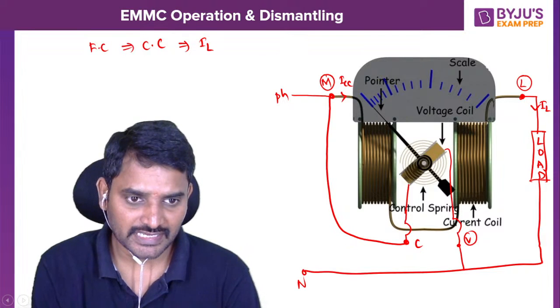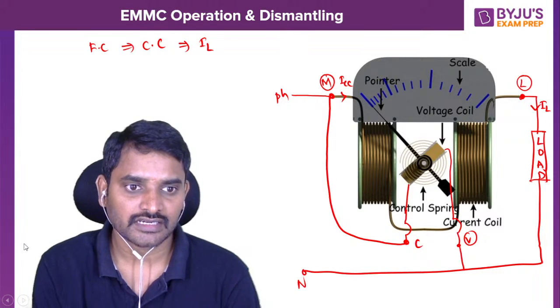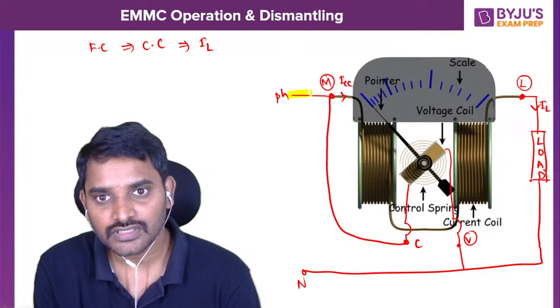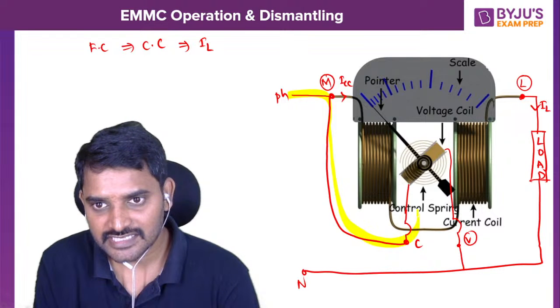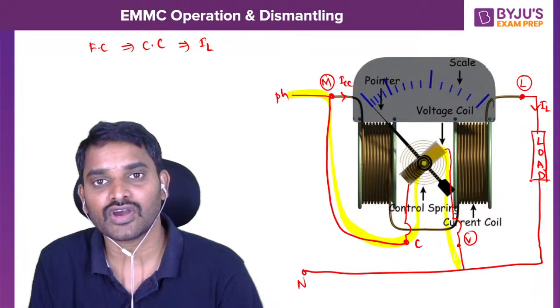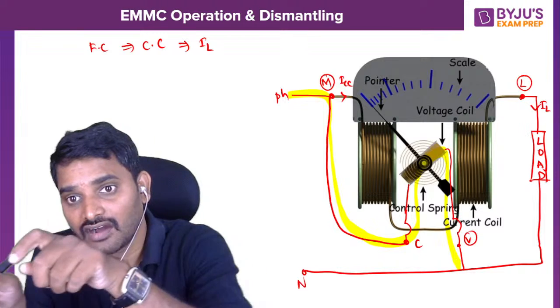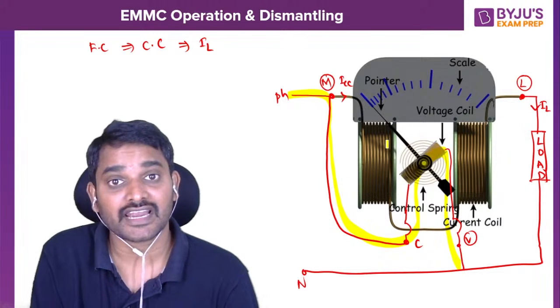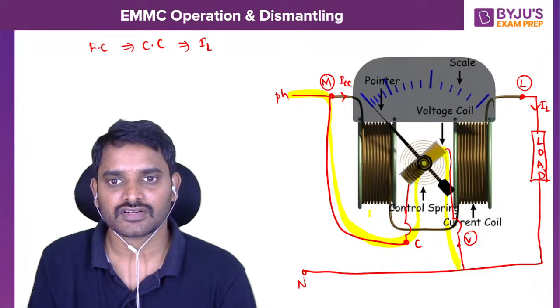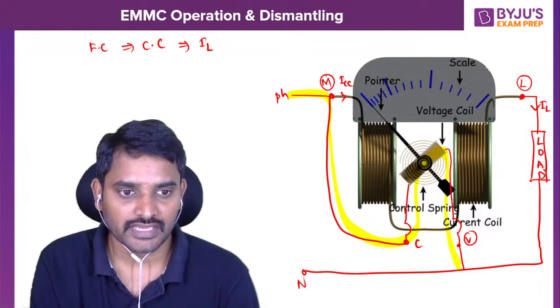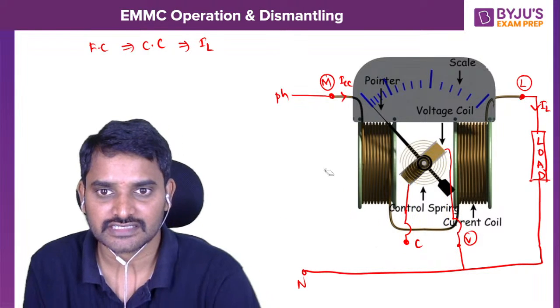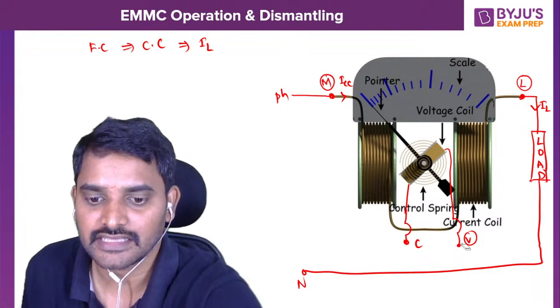Now if you can see the supply, and this is the moving coil, the moving coil is going to measure the voltage of the load as well as the current coil too, if you connect like this. Let us connect in another manner.